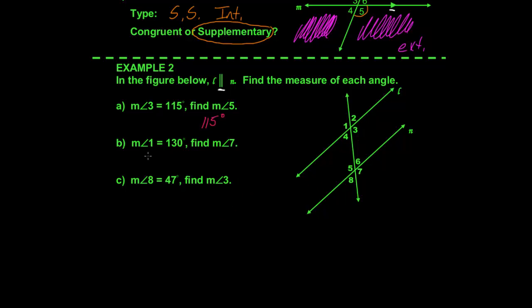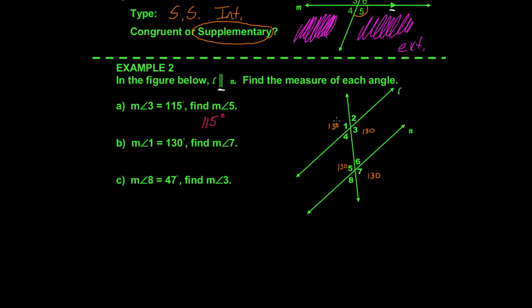It says the measure of angle 1 is now 130. So if this is 130, what do we know? Let's take this time and we can fill out every bit of this. 1 is 130. 3 is 130. 5, we know, by definition, will be 130. 7 will be 130.